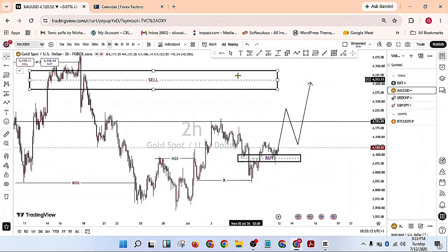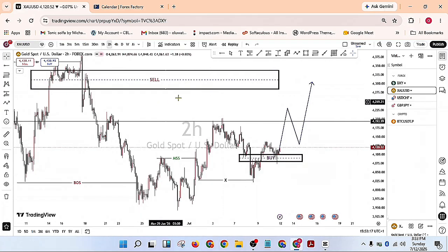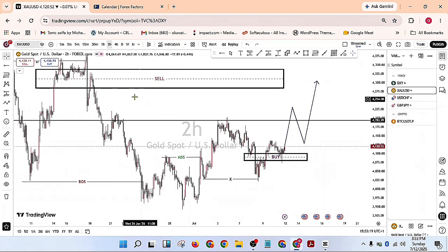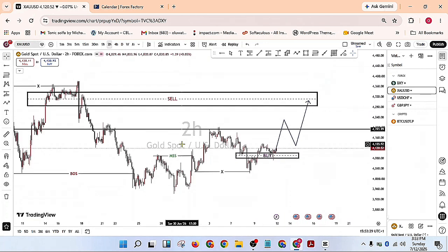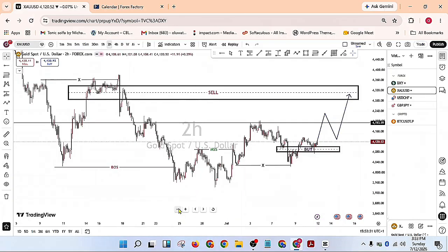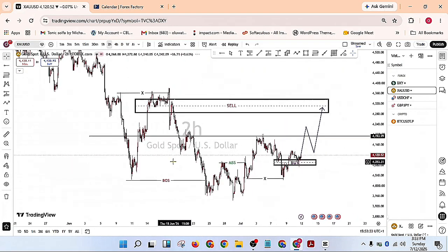Take your buy to the upside. After you get to around this place, you can now sell. You can exit your buy around here while you are waiting for the sell. So that is it. Weekly outlook on XAUUSD.